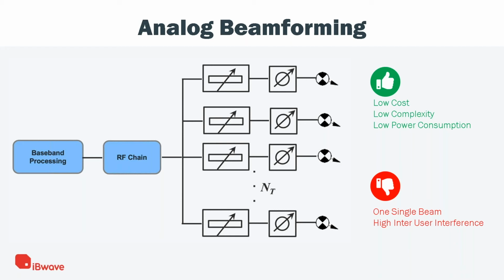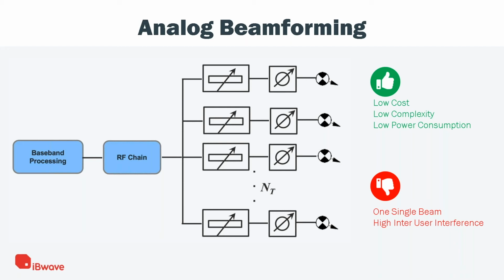You just have one RF channel, you split this signal between different elements, and then apply the split signal to each antenna. Another advantage is the low power consumption, because you have only one RF chain, so you don't need a lot of power.